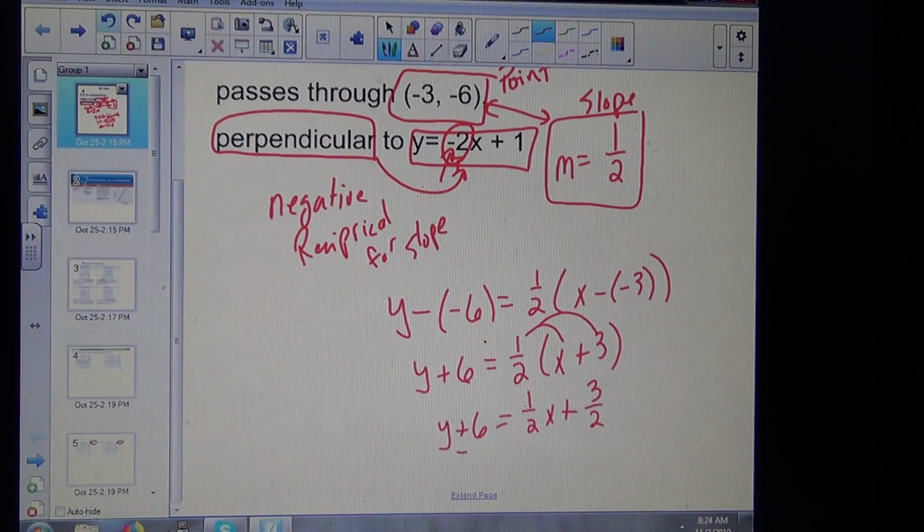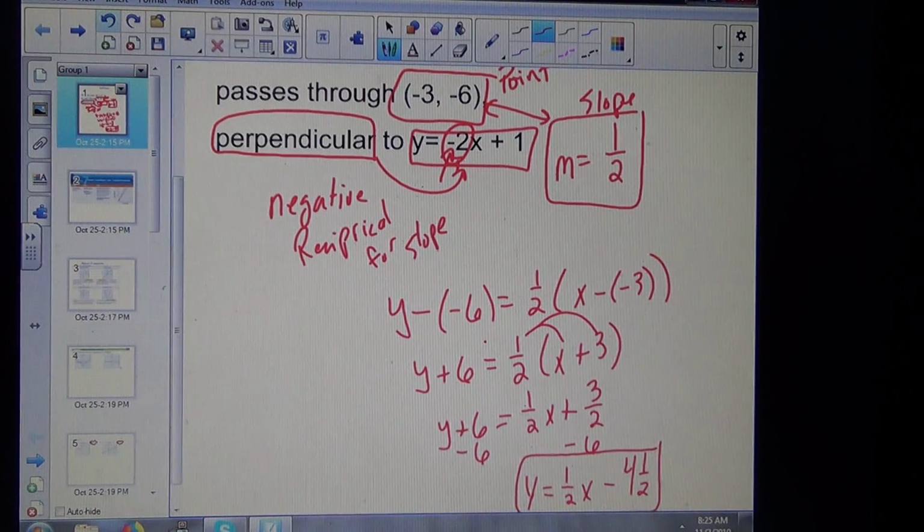And my last step is I'm going to minus the 6 to the other side, and I'm going to get y equals 1/2x minus 4.5 or 9/2. Those would all be answers that could be 4.5. So you could add 4.5 here, you could have also had 9/2. Okay, and that is the bell ringer.